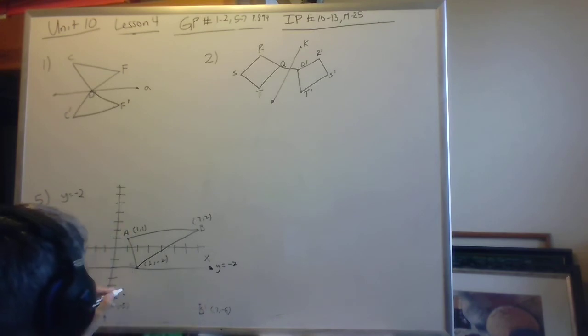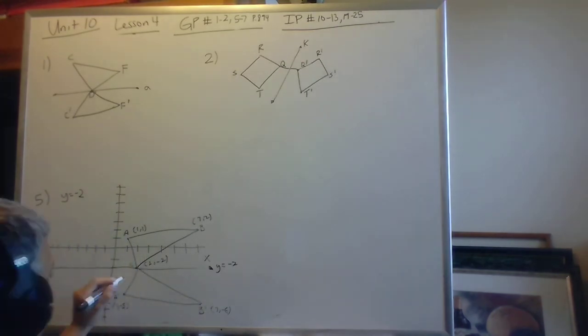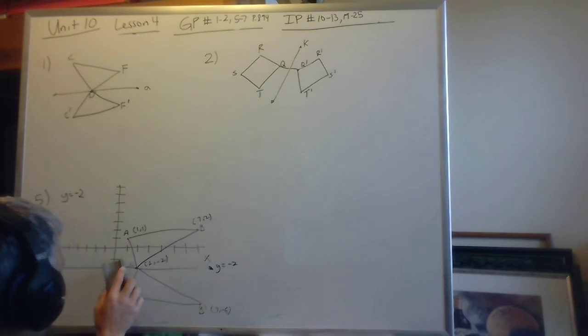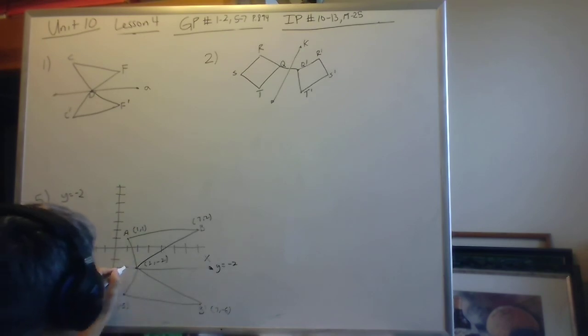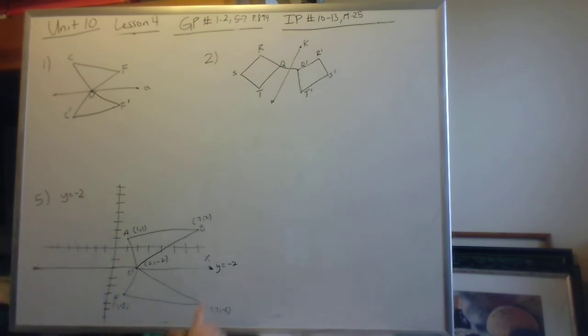And all we're going to do now is draw the triangle. So it's going to look like this. So triangle ABC, when it's reflected over the line y equals -2, we're going to get new coordinates for A prime, B prime, and C prime, and that's just going to be the same distance.